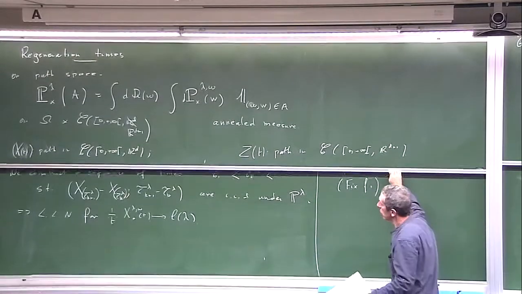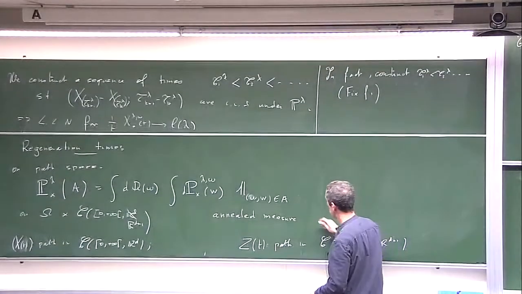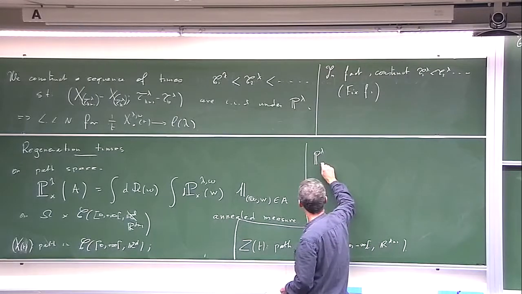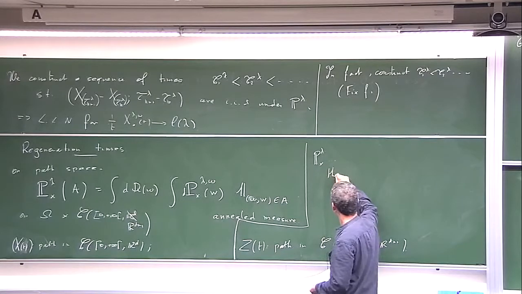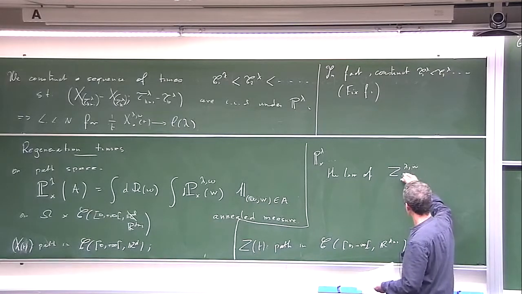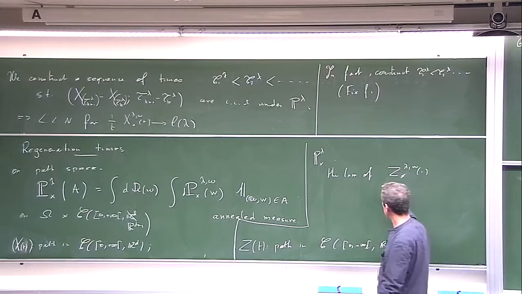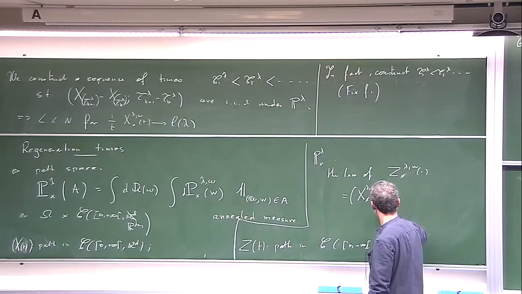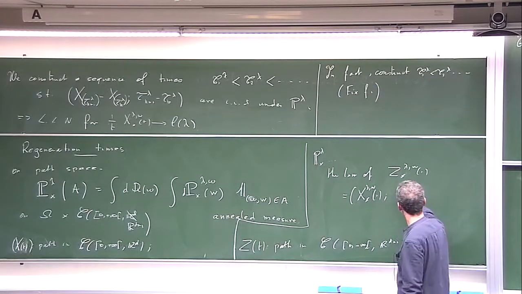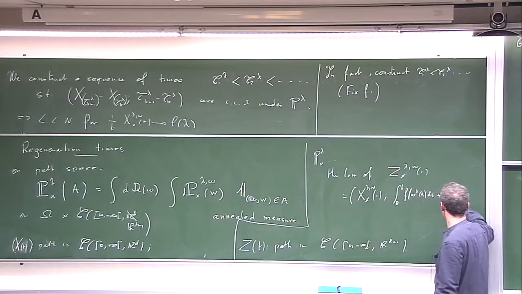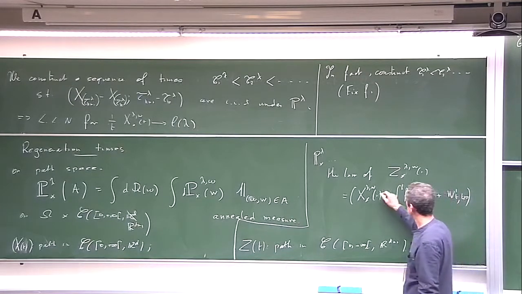And I'm still going to use the same notation P lambda, but now P lambda will be constructed from the law of the process z lambda omega 0 of x dot, where I recall that this process by definition is, the first components are just the components given by x, and here we add the additive functional, so the integral from 0 to t of f of omega lambda of s ds, plus some extra Brownian motion that we just put here for convenience.